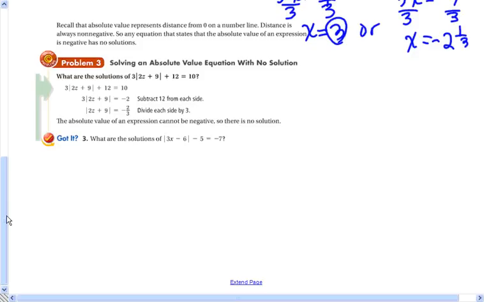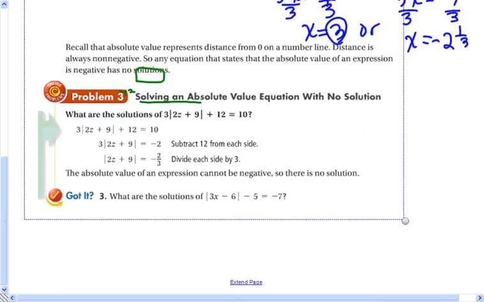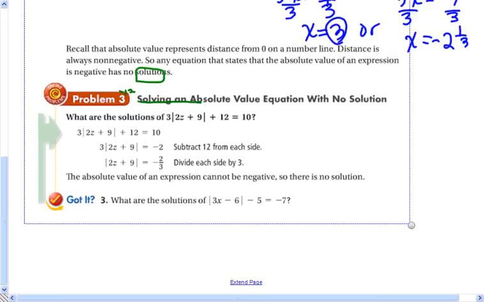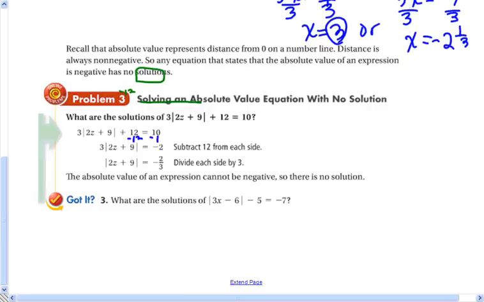So this one, what we have to do is get this absolute value part right here isolated. To do that, you'll notice that they first subtracted 12 from each side. When they did that, let me make this bigger so we can see it a little better. Okay, so we subtract 12 from both sides, and that gives us this equation without the plus 12 in it, equals negative 2.